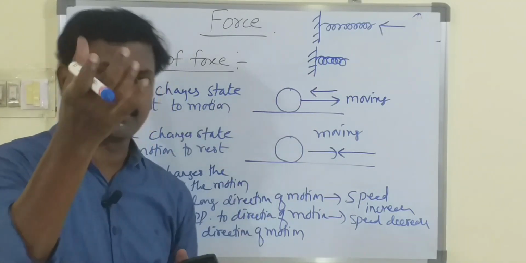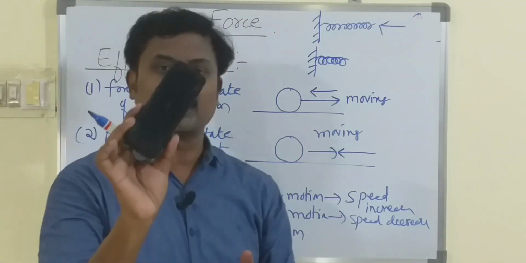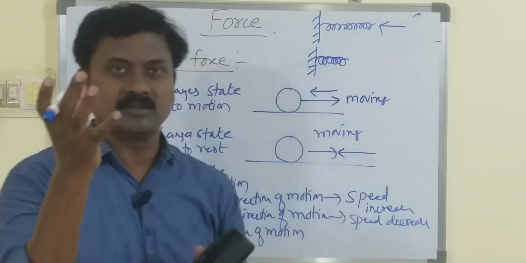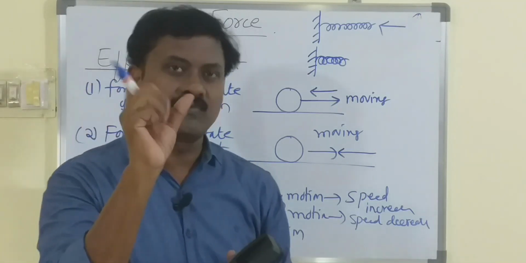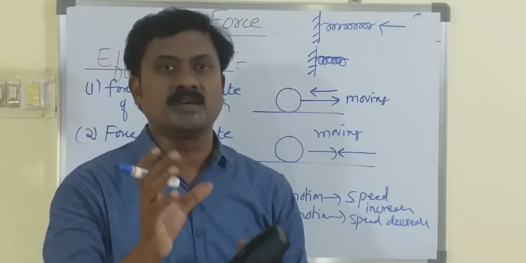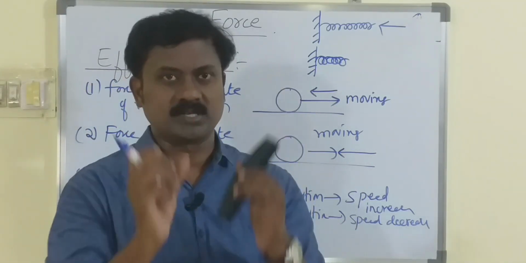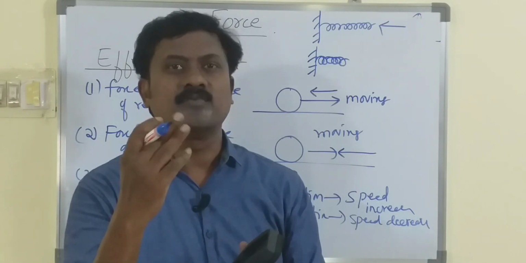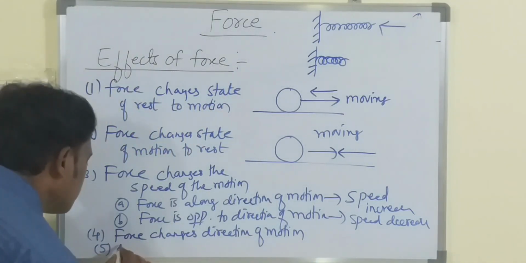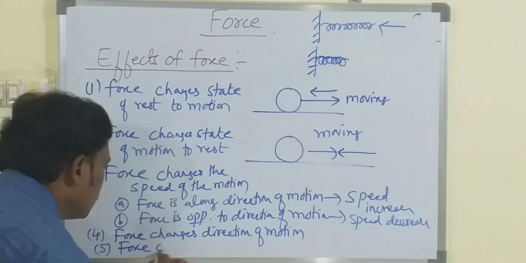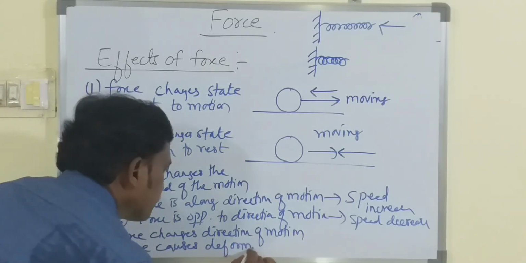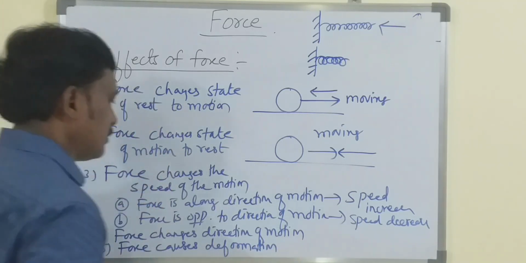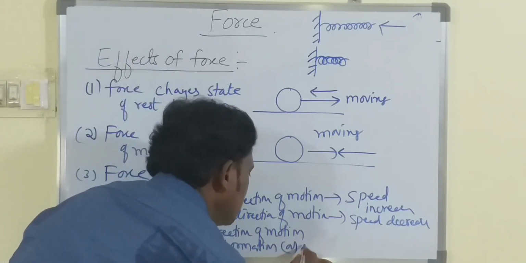Or you take a duster, not this kind of duster. There are some dusters just like sponge. If you apply force on a sponge, the sponge will be compressed. So we say that it's a deformation. So the force causes deformation, or we can say change of shape.